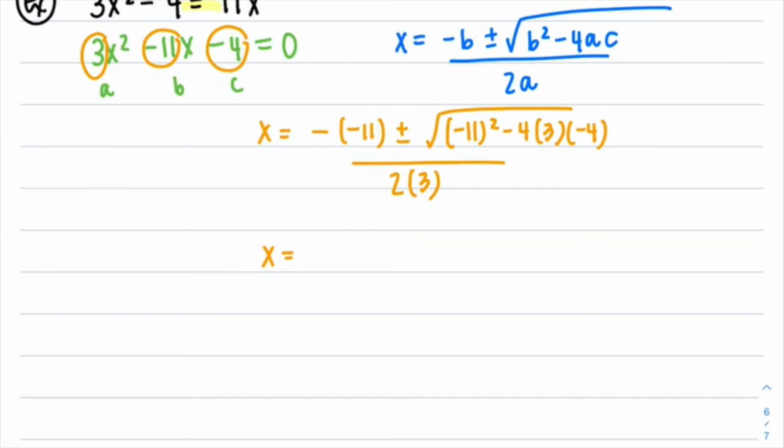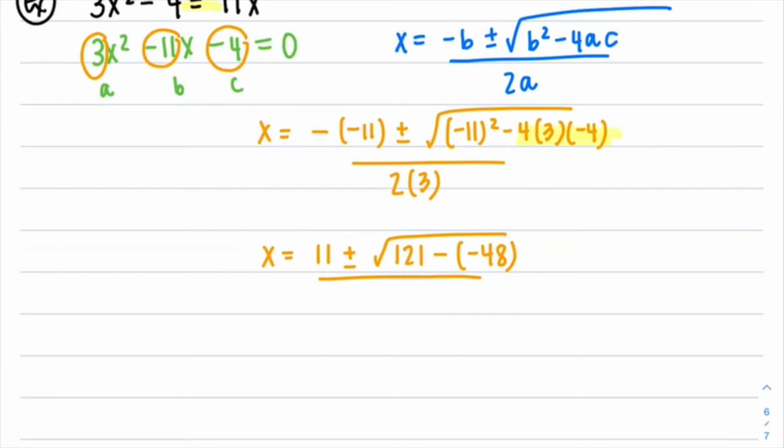All right, so if we simplify this, we know negative 11 or negative 11 is going to become positive, plus or minus the square root of 11 squared is going to be 121, minus, and then remember you're multiplying these numbers here. So 4 times 3 is 12. 12 times negative 4 is going to be a negative 48.